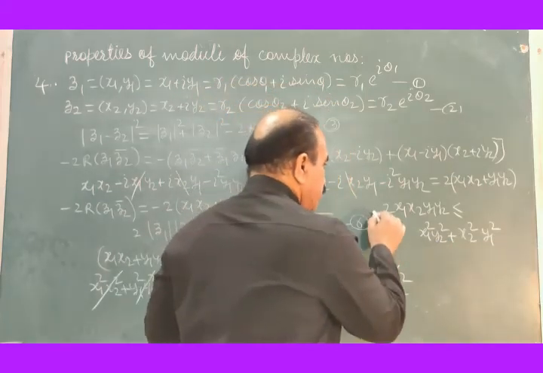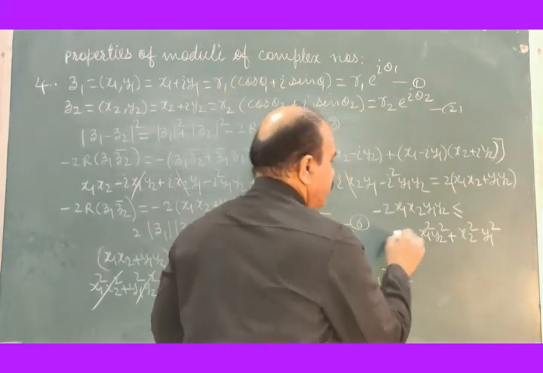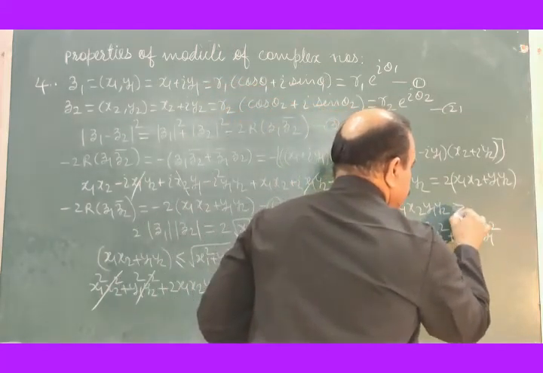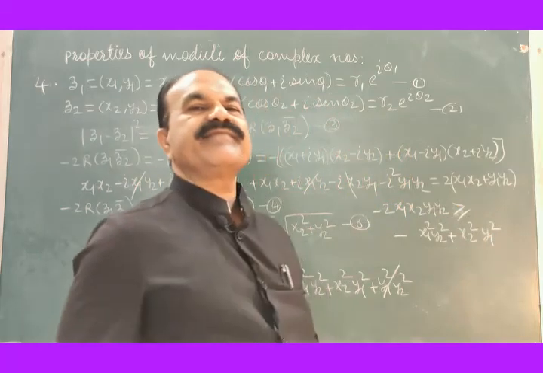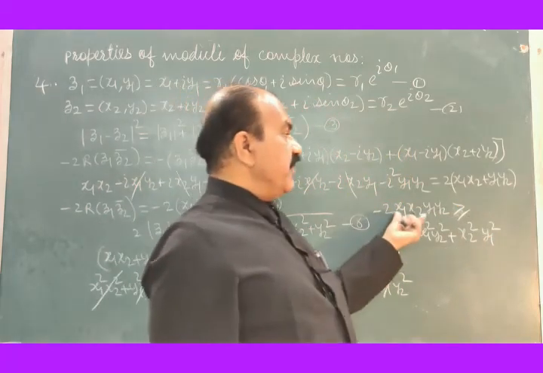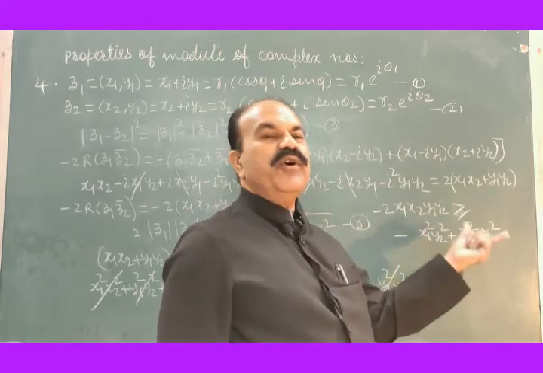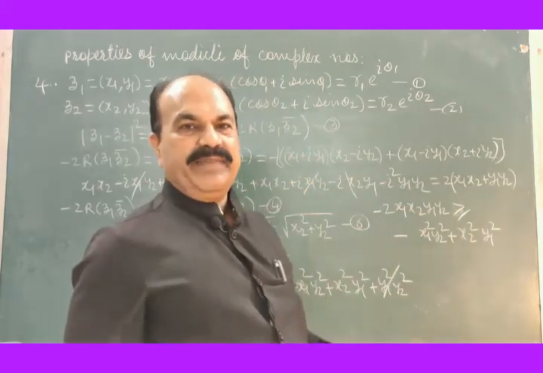But if I put a minus sign here and a minus sign here, what will happen? The sign will be reversed. Negative of the geometric mean is always greater than negative of the arithmetic mean.